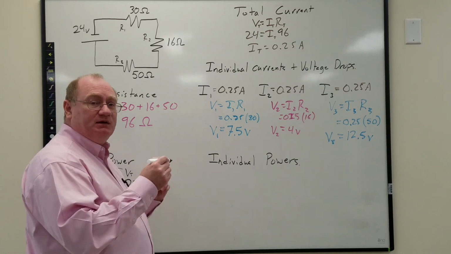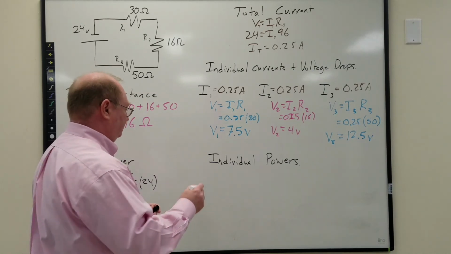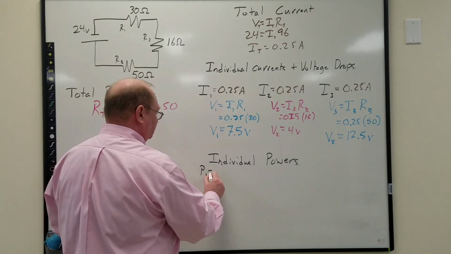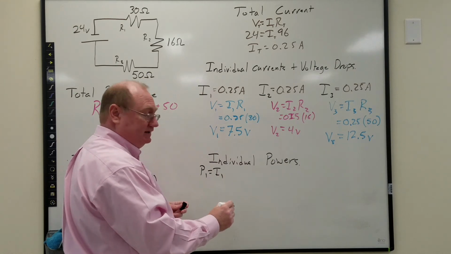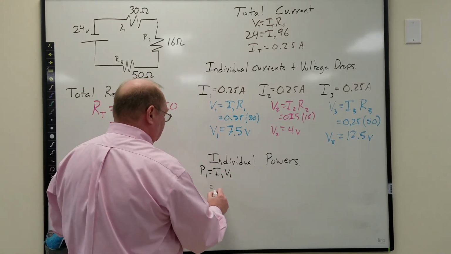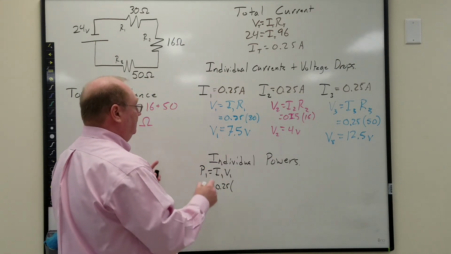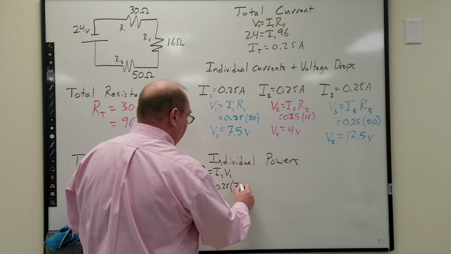So we're going to use the power equation again for each individual resistor. So power for the first one equals the current through the first one times its voltage drop. So everyone gets 0.25 amps. Voltage is 7.5.